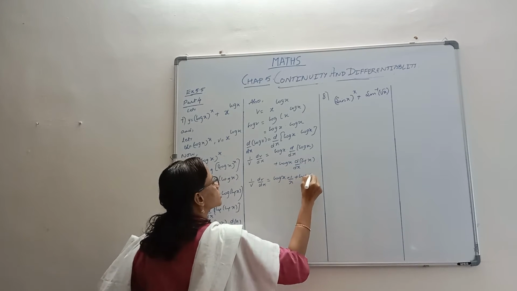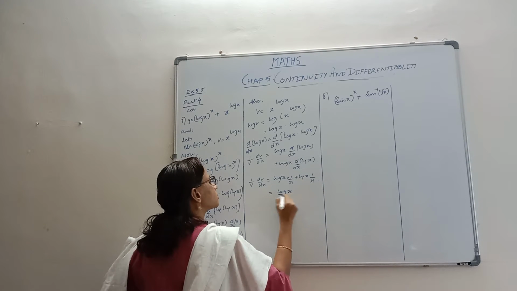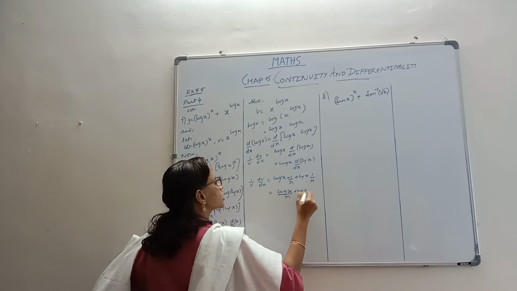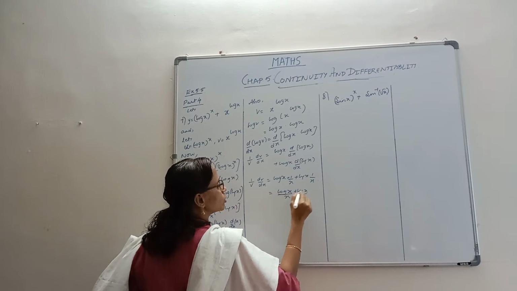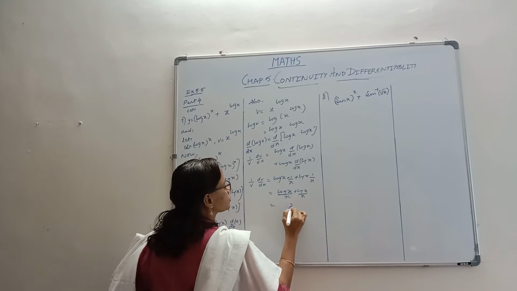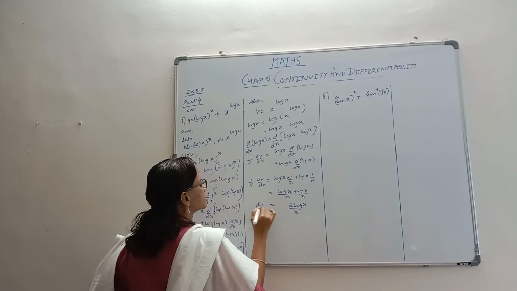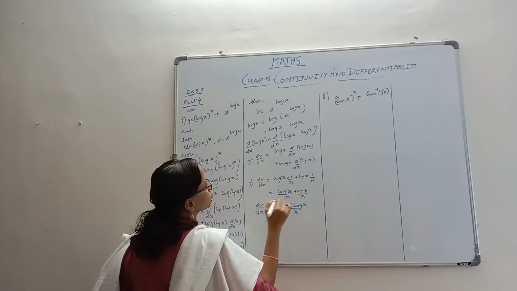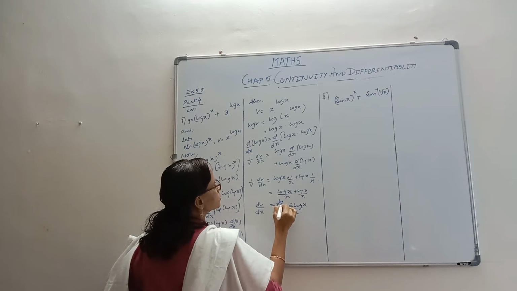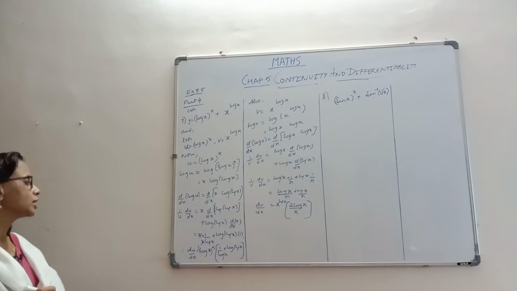Again this is log x, derivative is 1 by x. So it is log x by x plus log x by x. Denominators are same, you can add the numerators. Log x plus log x is 2 log x by x. v will go there and will become x raised to log x. Right, so I got dv by dx.